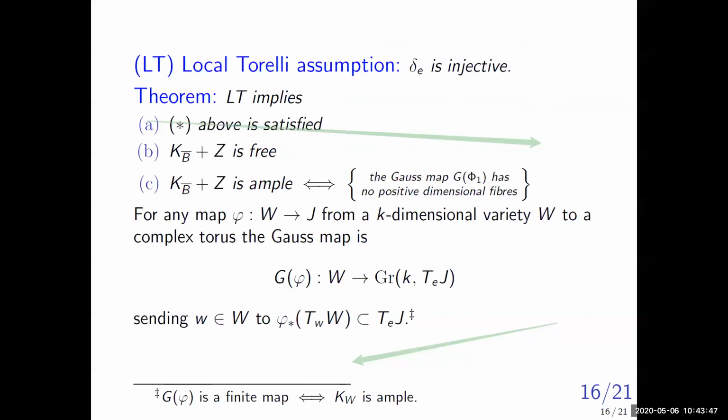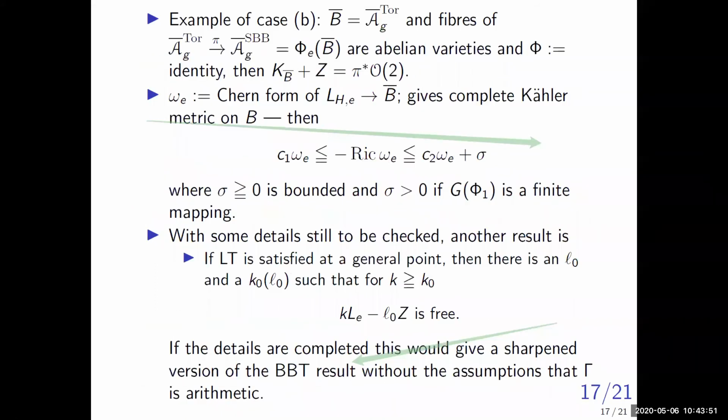An example of case B, where it's free but not ample, is the classical case of principally polarized abelian varieties of dimension g. Then, on the Satake-Baily-Borel compactification, the fibers themselves are abelian varieties, and the level 1 map is the identity.